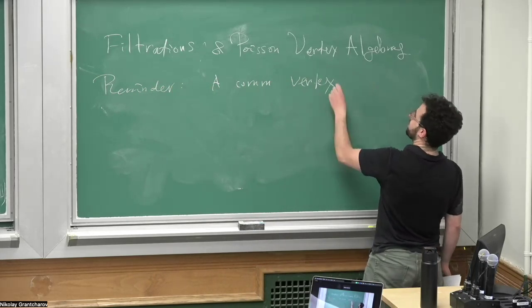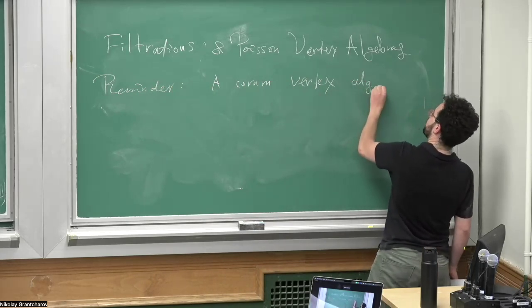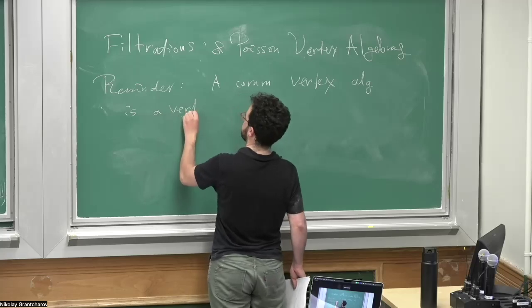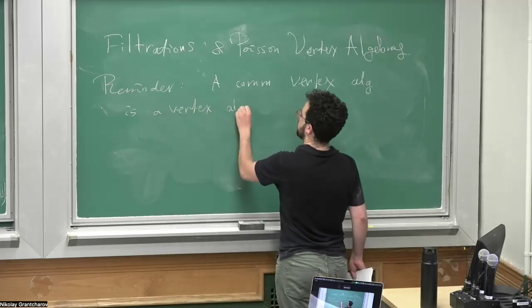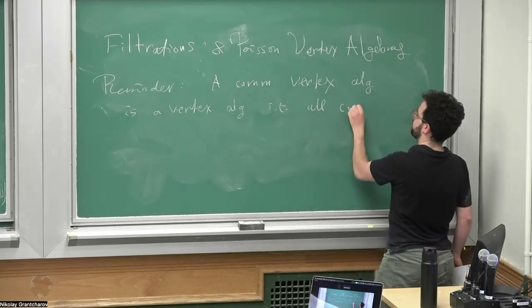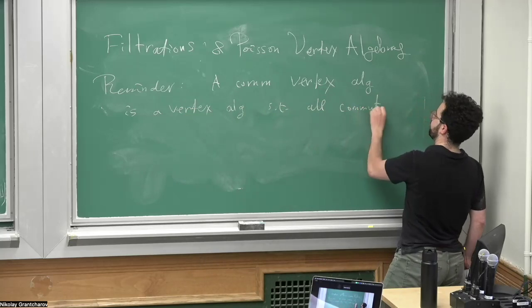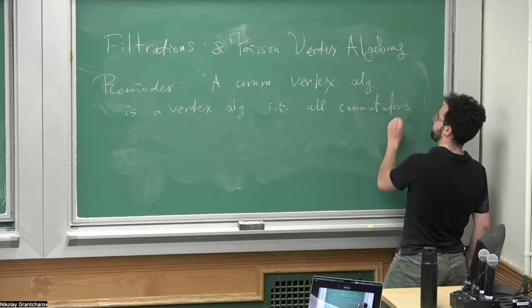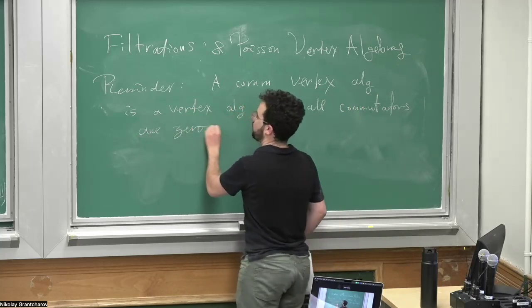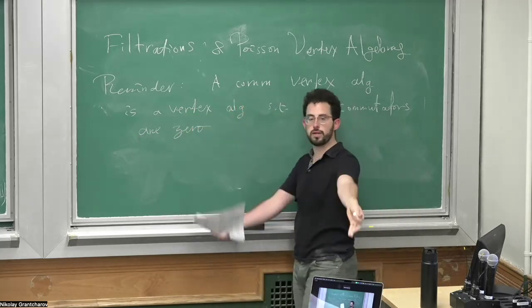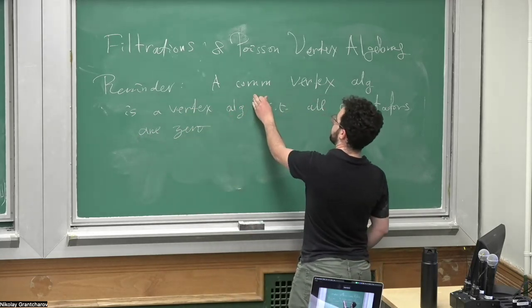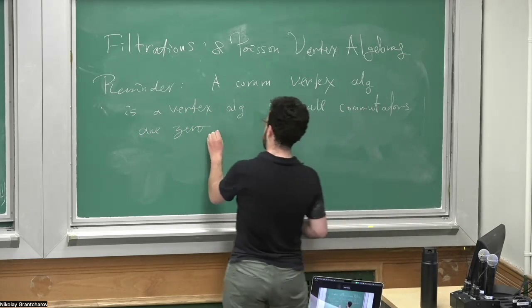So it is a vertex algebra in which all commutators are 0. Yet again, because in the formula for commutators, we will only have positive degree elements, which correspond to polar elements. So everything is regular.